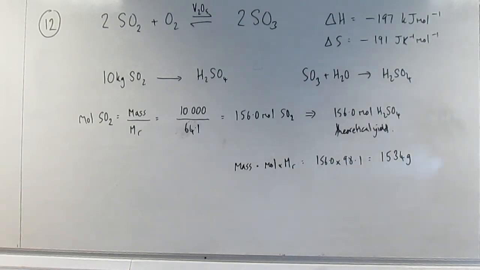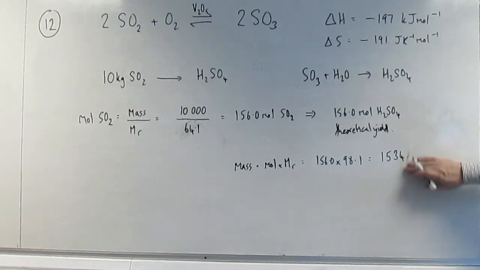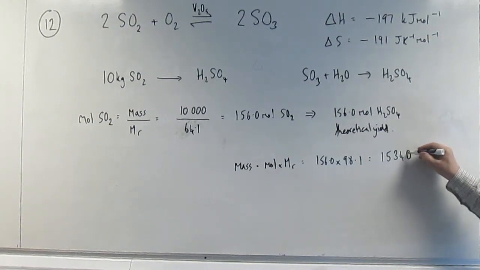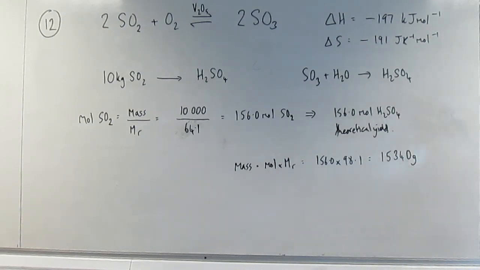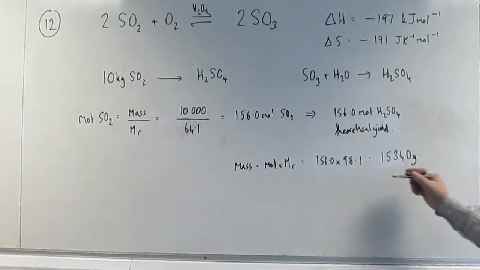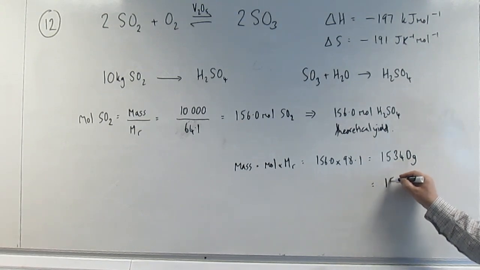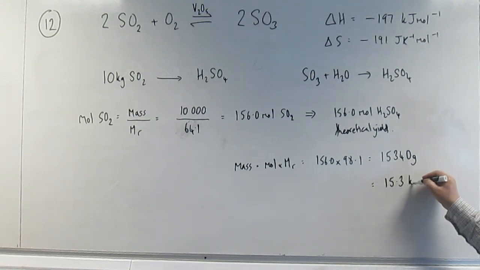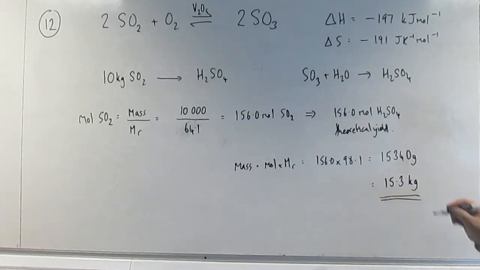It asks for the answer in kilograms, so we have to divide that by 1,000 to put it in kilograms, which is 15.3 kilograms. Okay, so that's the maximum amount of sulfuric acid that we should expect to get.